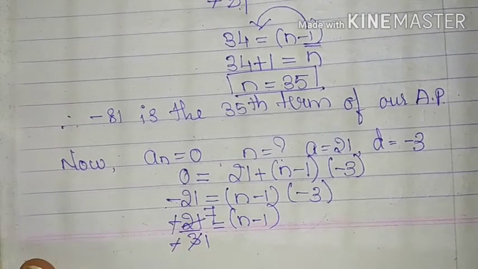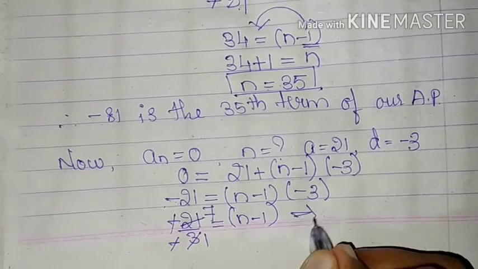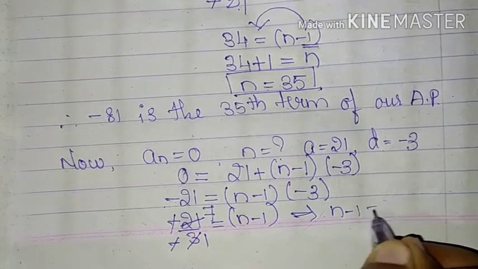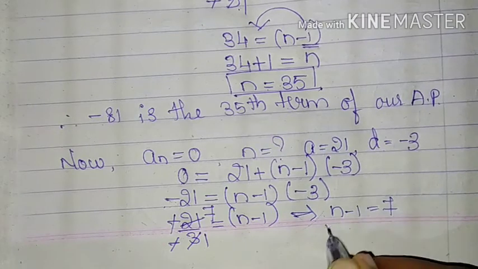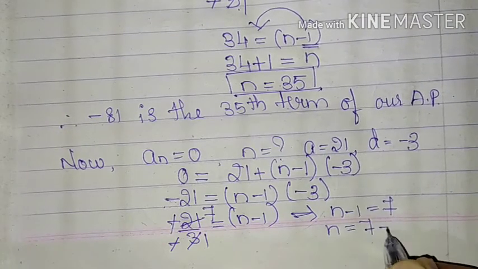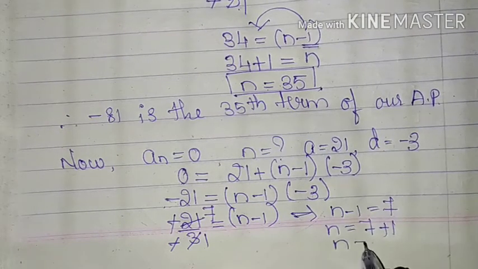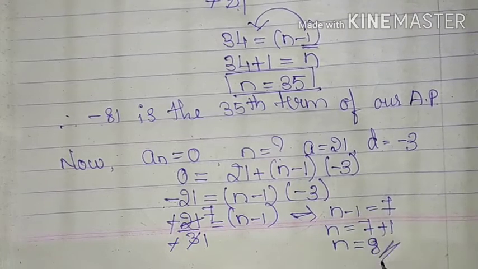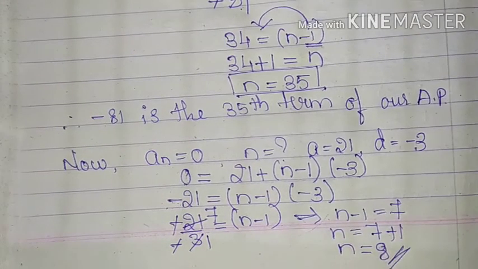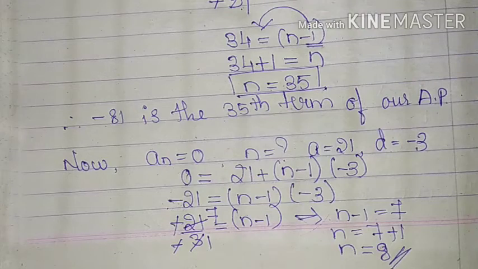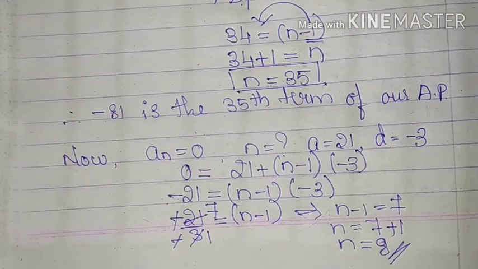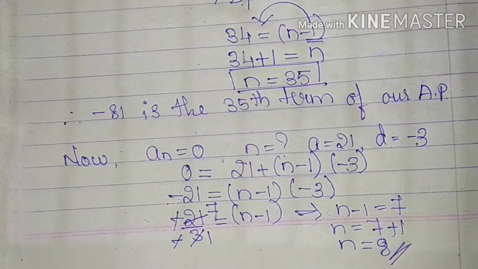Minus minus cancels out. So what we have here, N minus 1 is equal to 7. So N is equal to 7 plus 1. N is equal to 8. Therefore, the 8th term of our given AP is equal to 0. That is our complete solution.